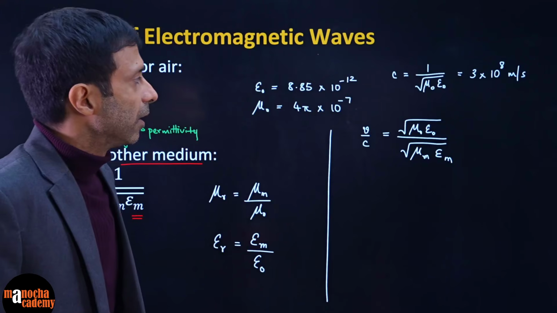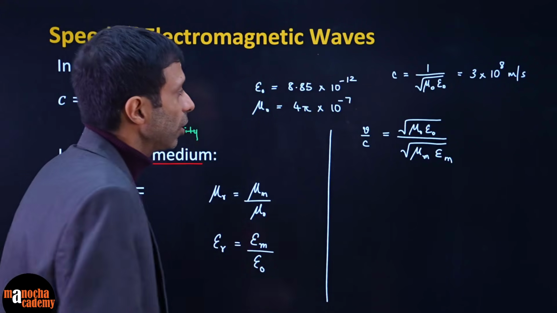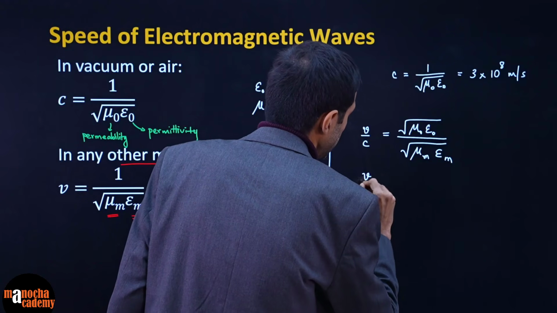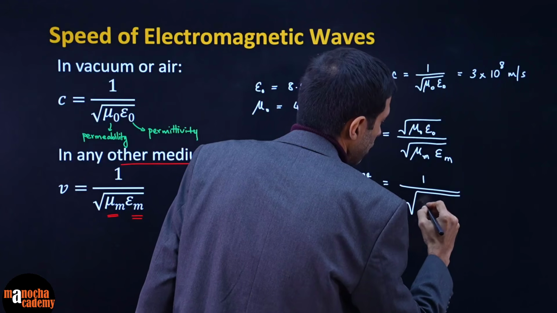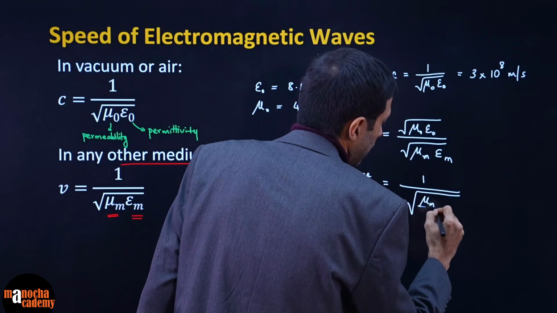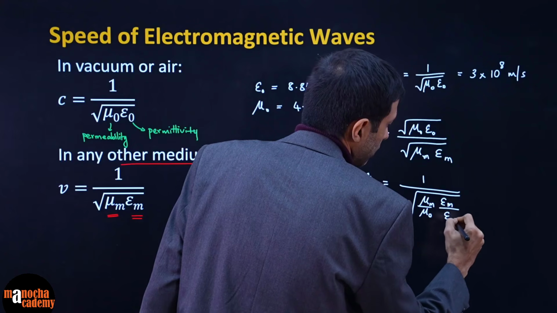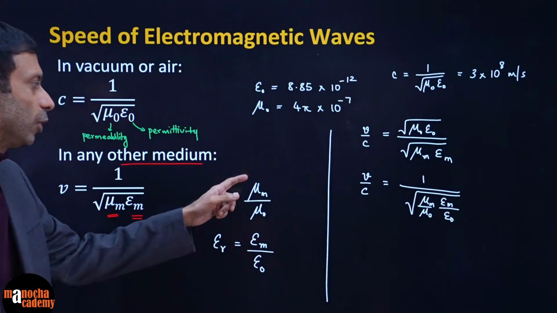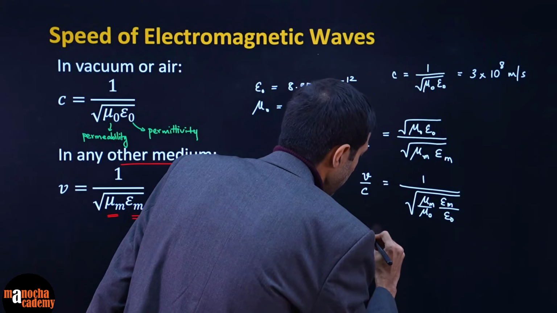Got it? Now we know that mu m by mu naught, so we can put it all under the square root, so I can say V by C is 1 by root of mu m, I will bring the mu naught here, epsilon m, epsilon naught. Now guys take a look, mu m by mu naught is mu r, this by this is epsilon r, the relative stuff.